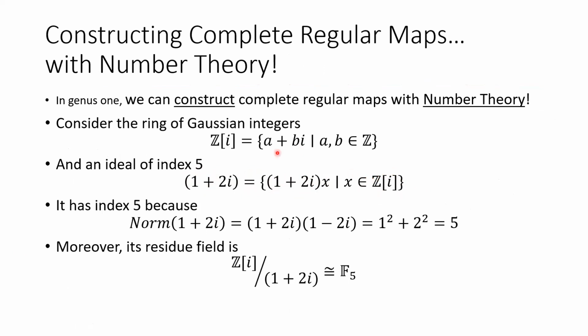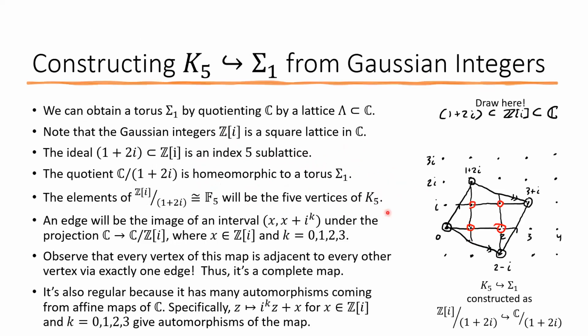Basically, I have the square lattice, and then I dilate it by 1 plus 2i, and that gives me an index 5 sublattice. So this point here, 1 plus 2i, is just 1 plus 2i times 1. But then this point here is 1 plus 2i times negative i. And this point here is 1 plus 2i times 1 plus i.